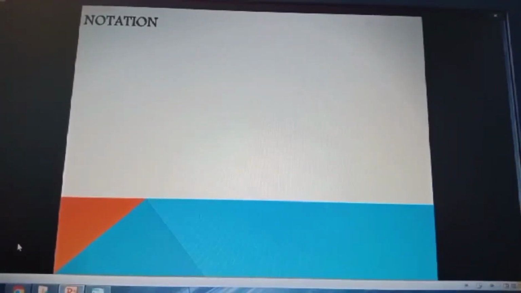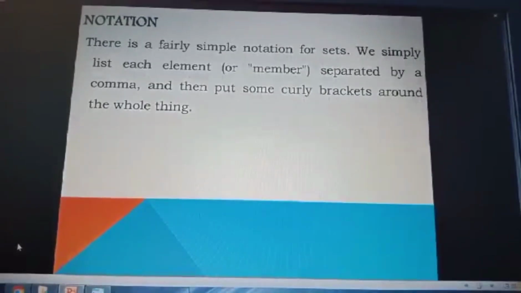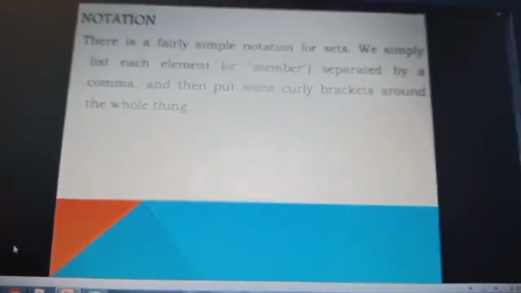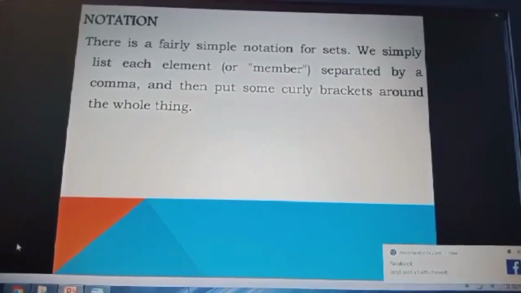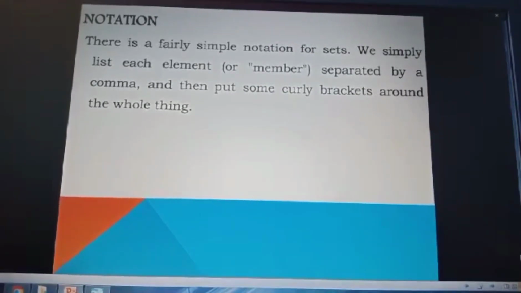Next is notation. There is a fairly simple notation for sets. We simply list its elements or members separated by commas and then put curly brackets around the whole thing.